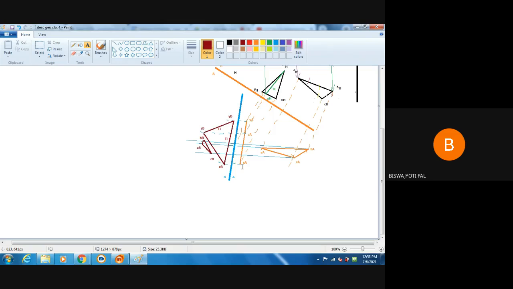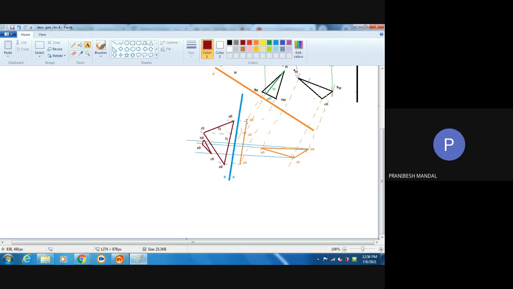The three lengths are equal, no? So you are obviously going to get an edge view, isn't it? So from the drawing, isn't it clear that it is obvious that you are going to get an edge view?